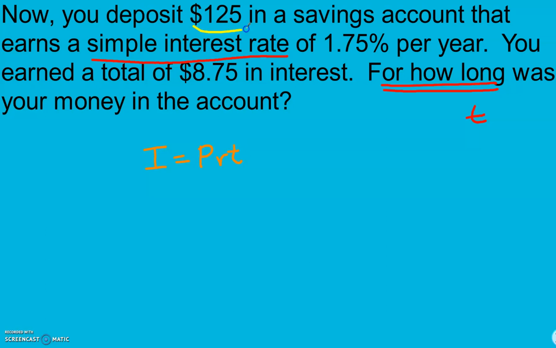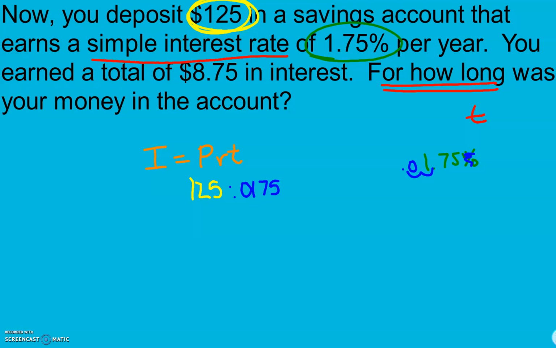Here our initial amount, our principal, the amount we deposited, is $125. Our rate is 1.75%. Remember, we put that in as a decimal. So I move it 2 places away from my percent sign to get rid of it, and it's 0.0175.